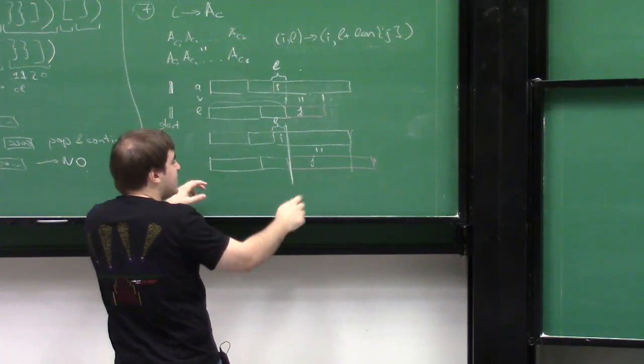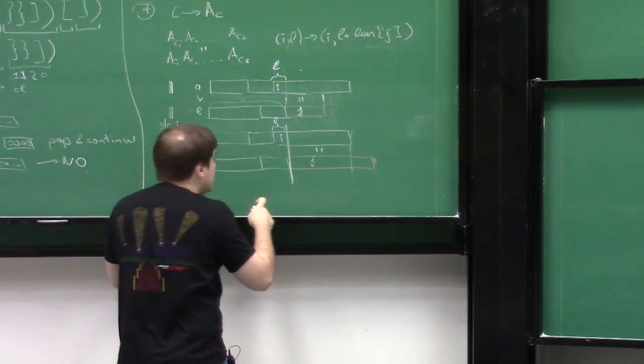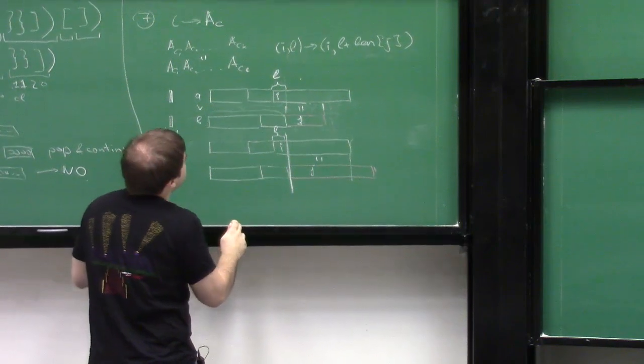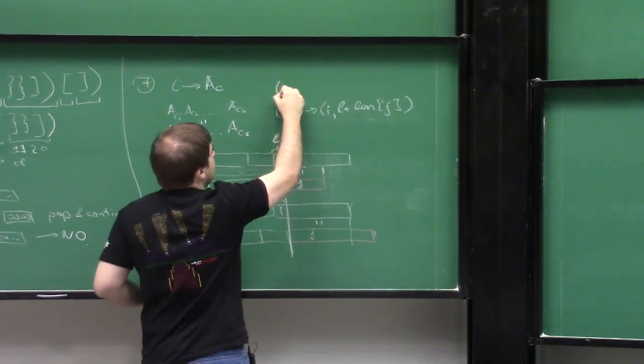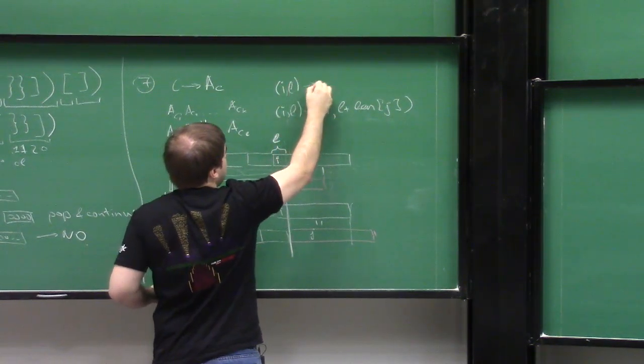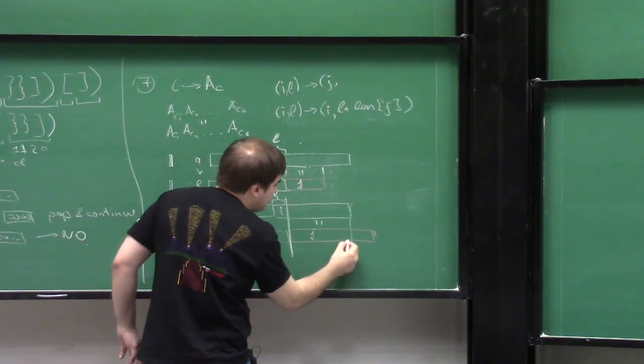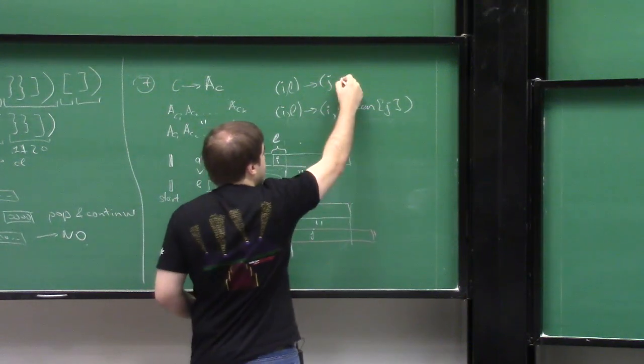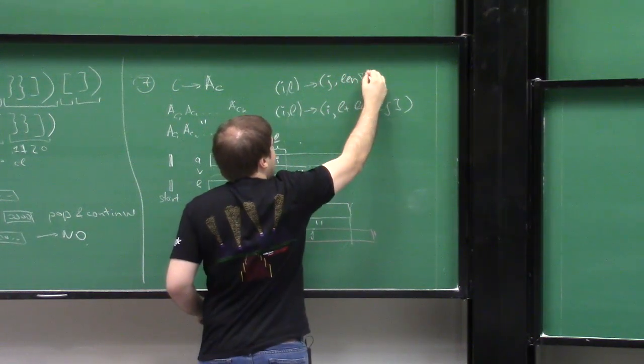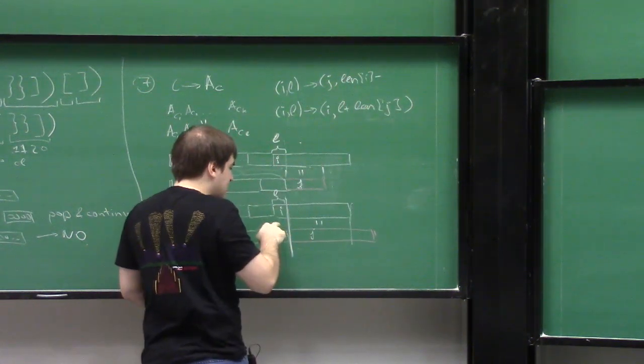In this state, this will be the longer word. So we are moving from I, L to J, and the length of the already used part here is something like len of I minus L.